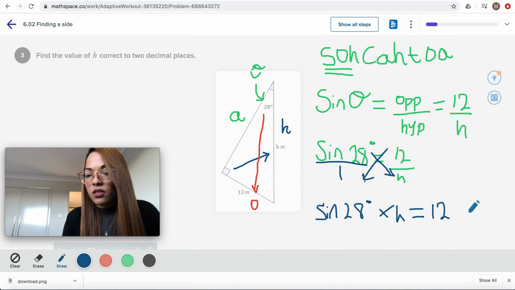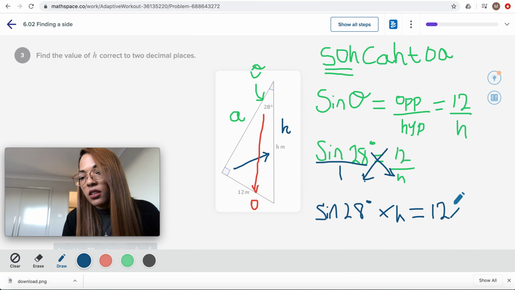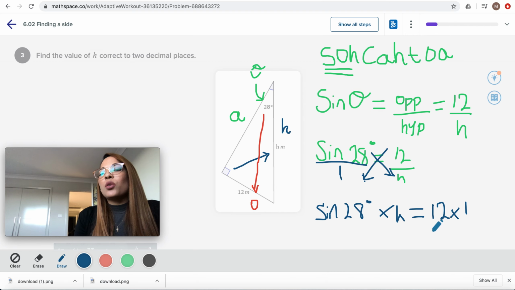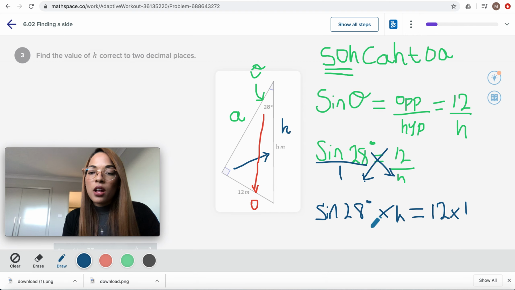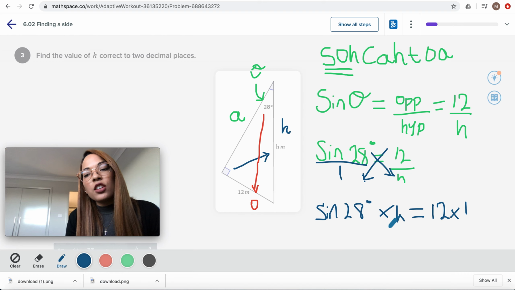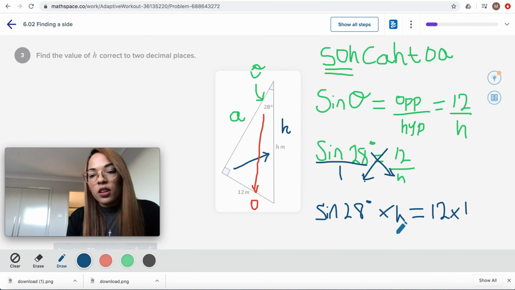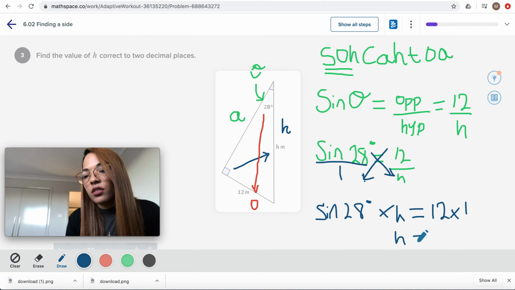Using this pen is not as easy as I thought it would be. Okay, so we know that 12 times 1 is 12, and we want h on its own. We want to find the value of h.